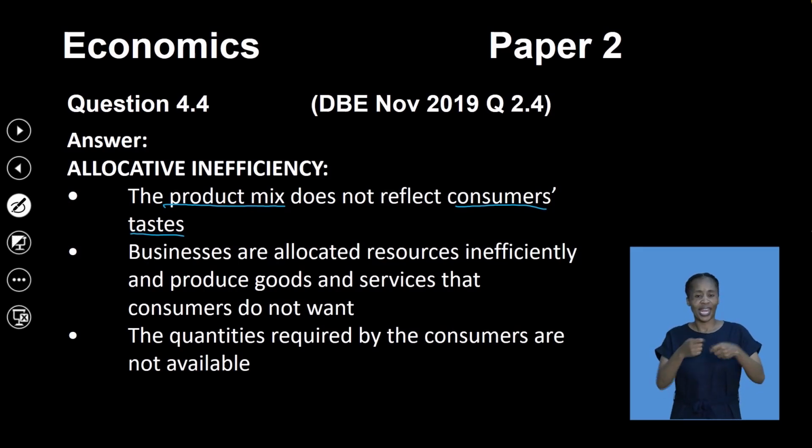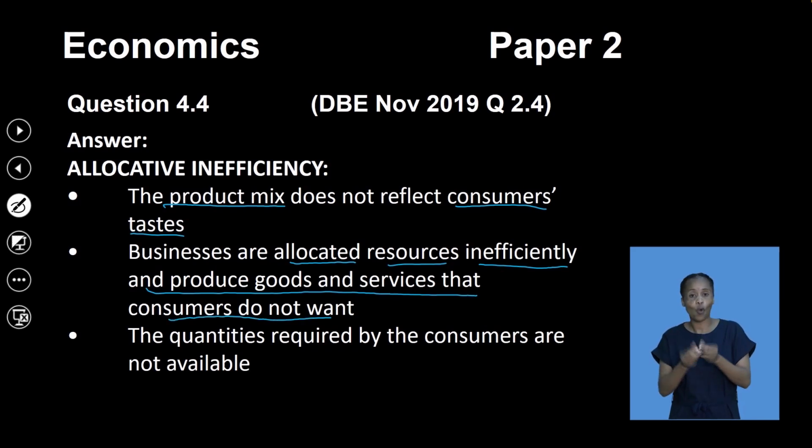We are not allocating the product that meets consumers' tastes and preferences. Right? Number two, it says businesses are allocated resources inefficiently and produce goods and services that consumers do not want.